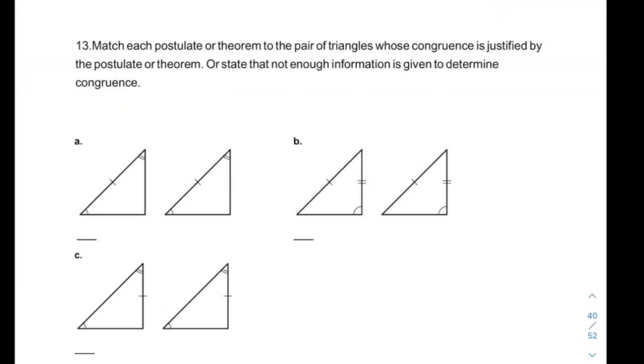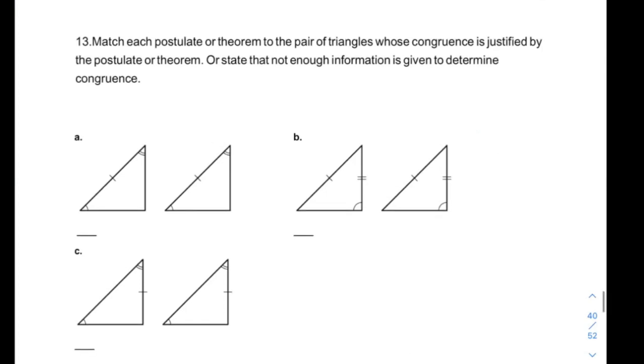Match each postulate or theorem to the pair of triangles whose congruence is justified by the postulate or theorem, or state that not enough information is given to determine congruence. First one, B, ASA, because here we have angle, then side, then angle.